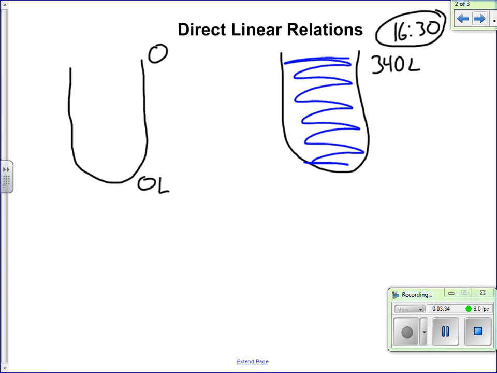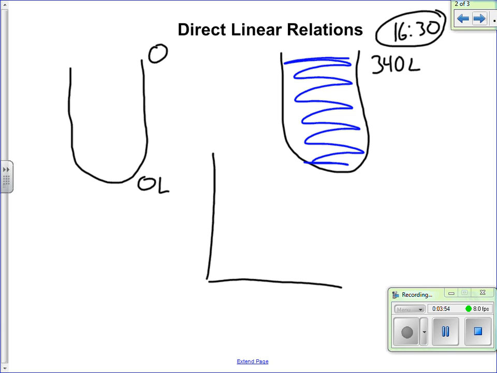Now, when I look at this, automatically I'm going to ask myself, is this a linear relationship? To figure out if it is a linear relationship, I can go to a graph and look at the relationship between these data sets.